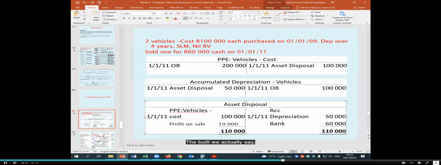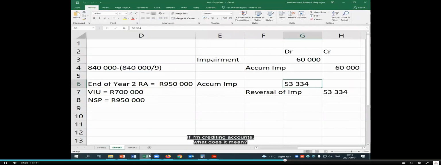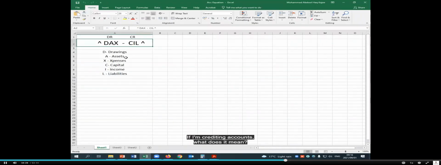The best way actually is to say, I am debiting asset disposal with 10,000. That means I'm crediting another account with 10,000. If I'm crediting an account, what does it mean?